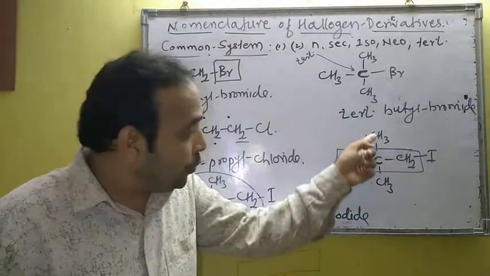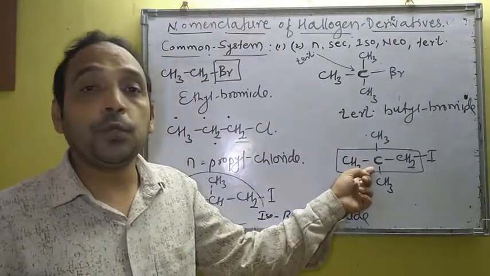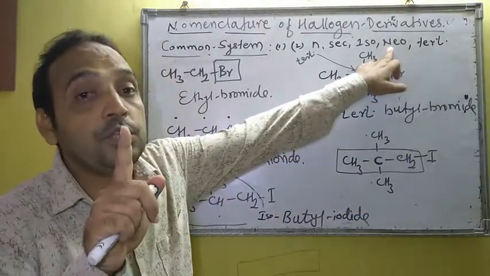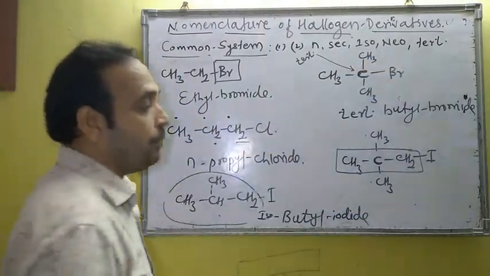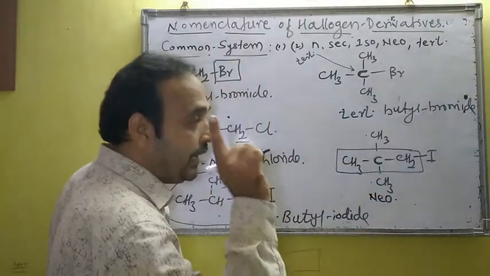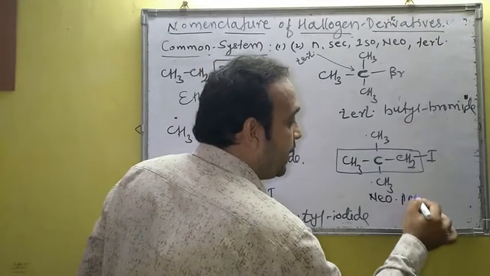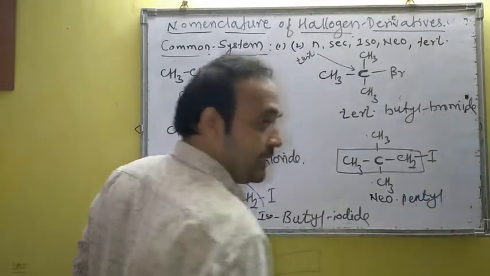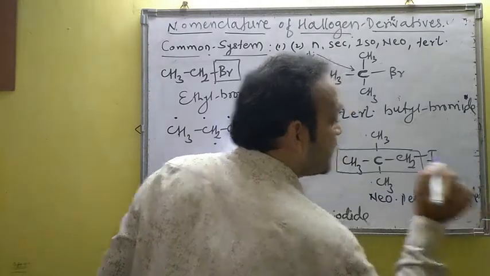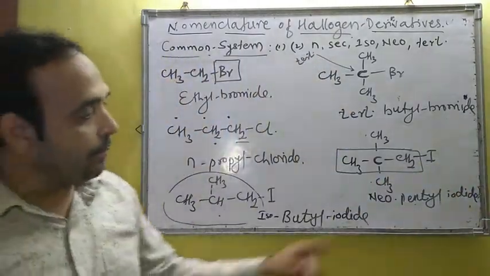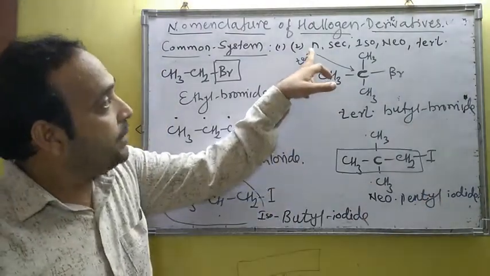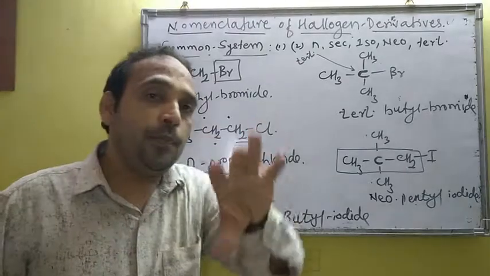But when 2 methyl groups are attached to carbon number 2, the prefix used is neo. 5 carbon means pentyl and I means iodide. So the name of this compound is neopentyl iodide.